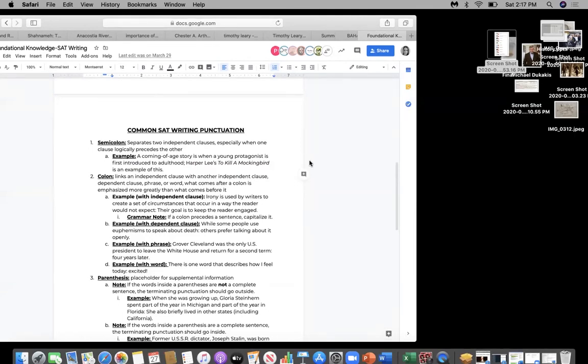And then I said, I went to look at my teaching schedule or calendar. A semicolon wouldn't really work here because this doesn't really logically precede this one, because it's talking about two completely different things.